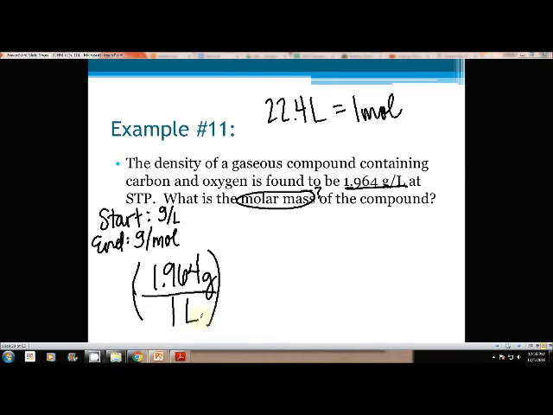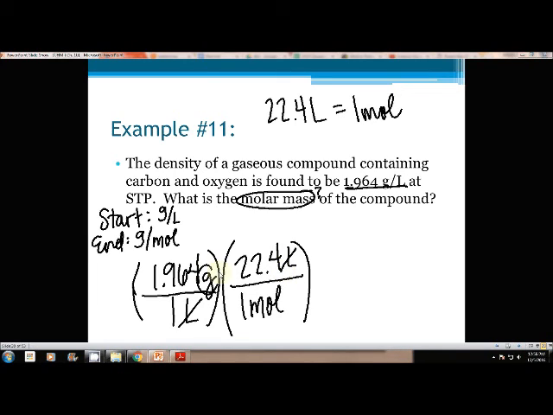Now we can set up the 22.4 liters in 1 mole so that we cancel away liters and are left with the moles that we want. To cancel the liters away, should I put the 22.4 on top or on bottom? On top. So I'll put the 1 mole on the bottom, and the liters cancel away, which is what we want because we want grams over moles.